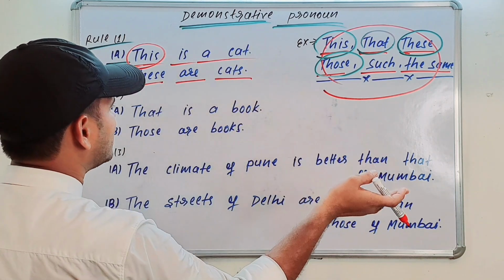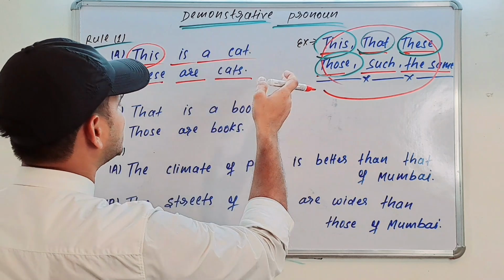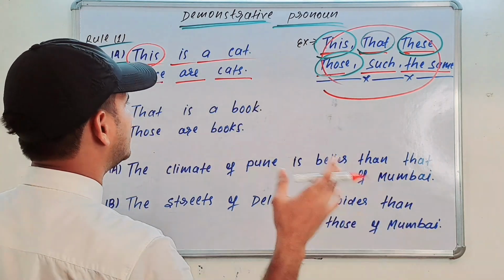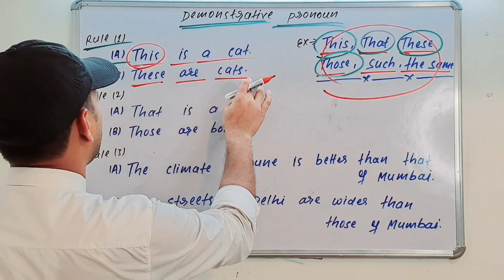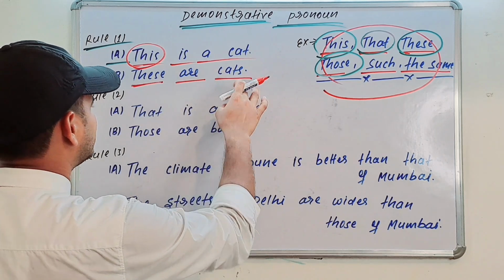Like this is a cat; don't say this is cats. These are cats.